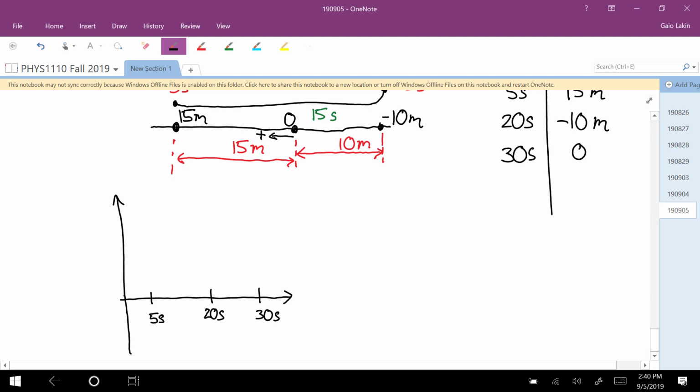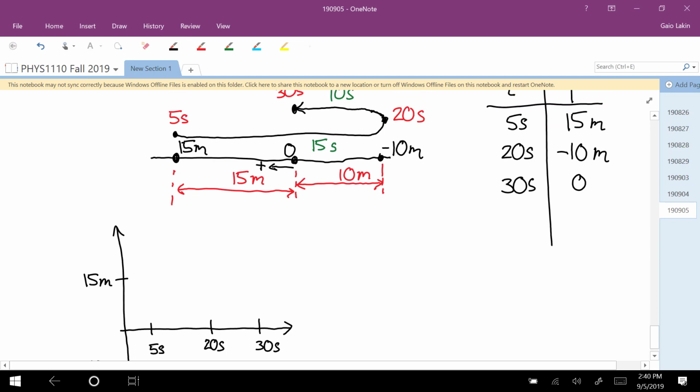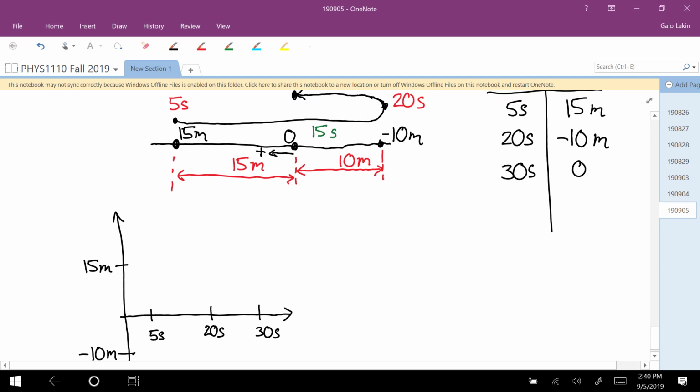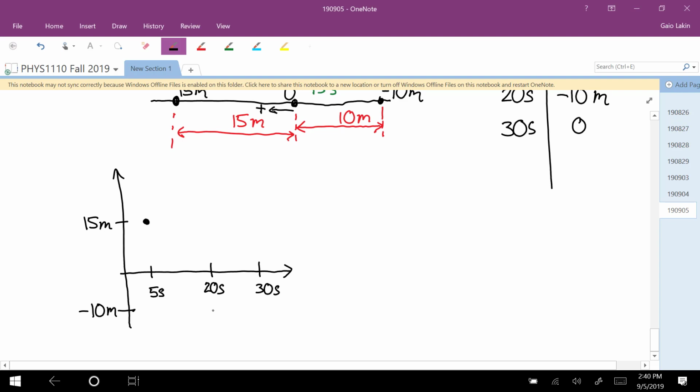And the important positions are 0, 15 meters, and -10 meters. And now to plot this, we can just read off the table again. So at time 5 seconds, we're at 15 meters. At time 20 seconds, we're at -10. And at time 30 seconds, we're at 0. And so the graph looks something like this.